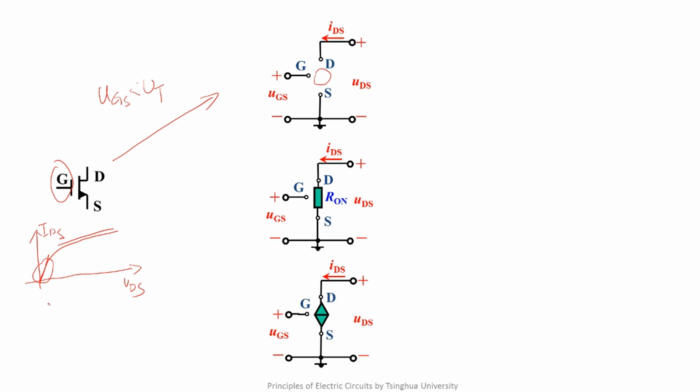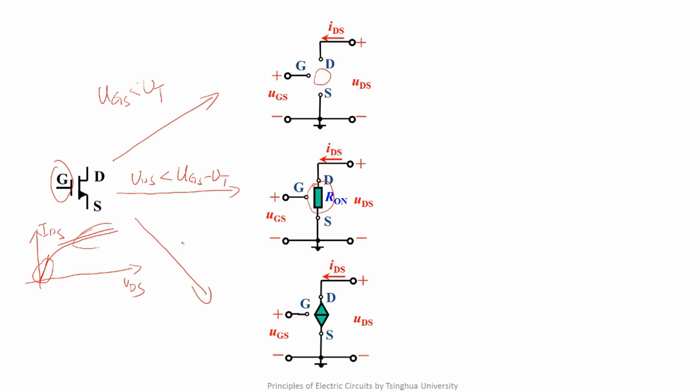In this section, UDS is relatively small. That is to say, if UDS is smaller than UGS minus UT between D and S, it can be regarded as a linear resistor. While in this section, UDS is relatively large.